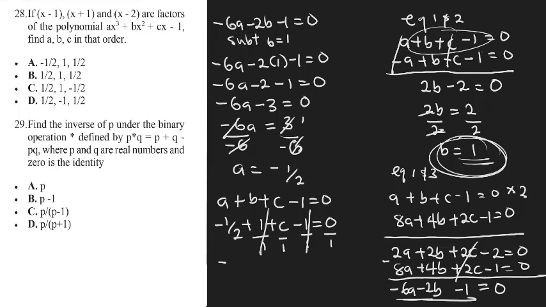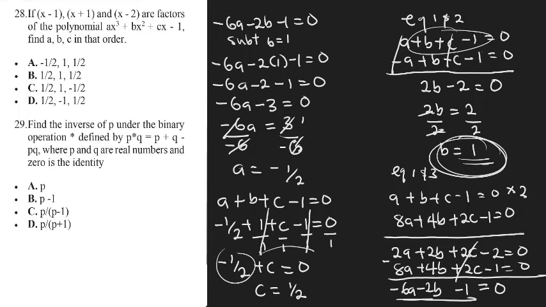So we're left with -1/2 + c = 0. Taking this -1/2 to the other side, c will be equal to 1 over 2. The minus sign will not be there again because it has moved to the other side.